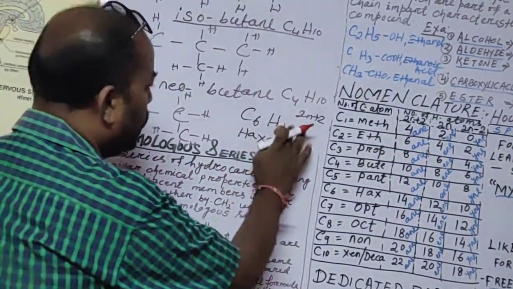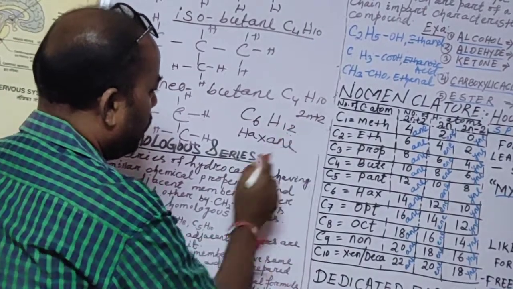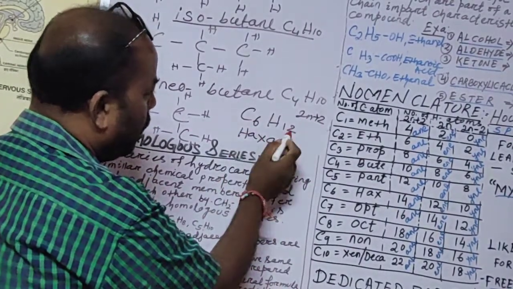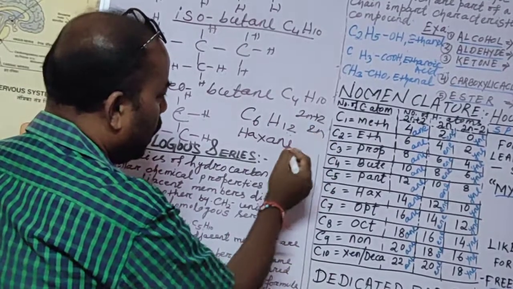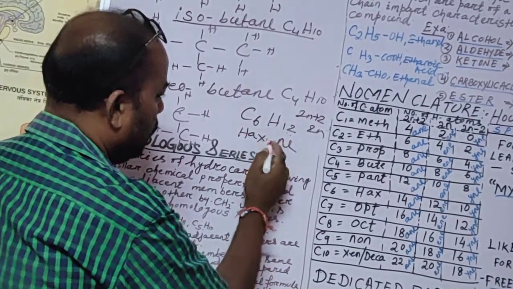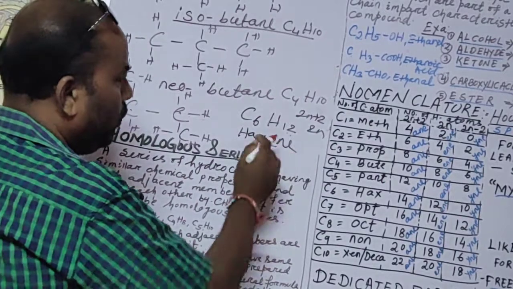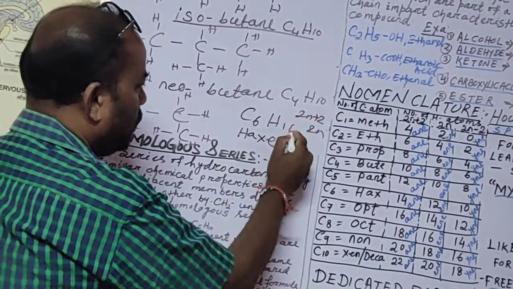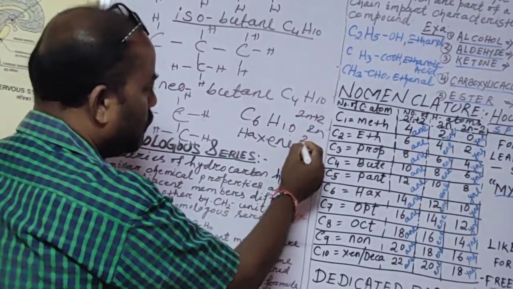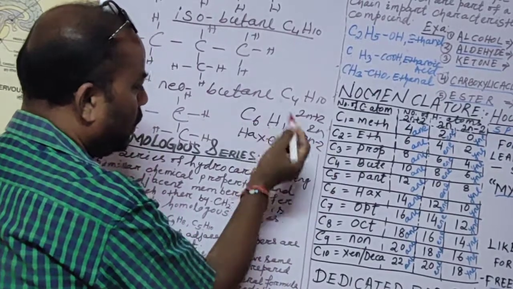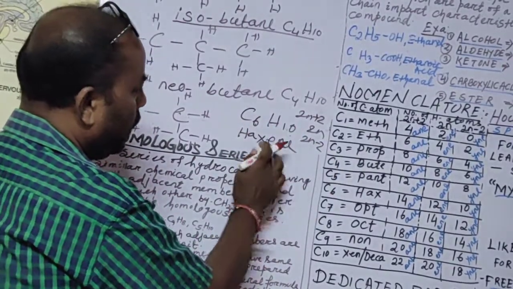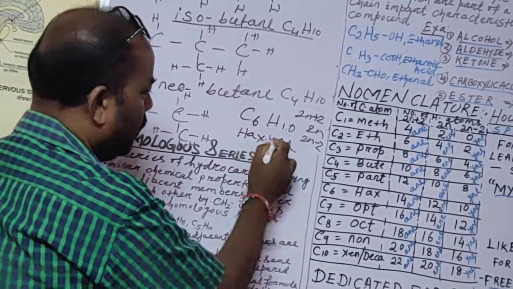But if it is 12, that is double, the 2n formula, so ENE: hexene. But if it is 10, the 2n minus 2 formula, 6 doubled is 12, 12 minus 2 is 10, then it will be YNE: hexyne.